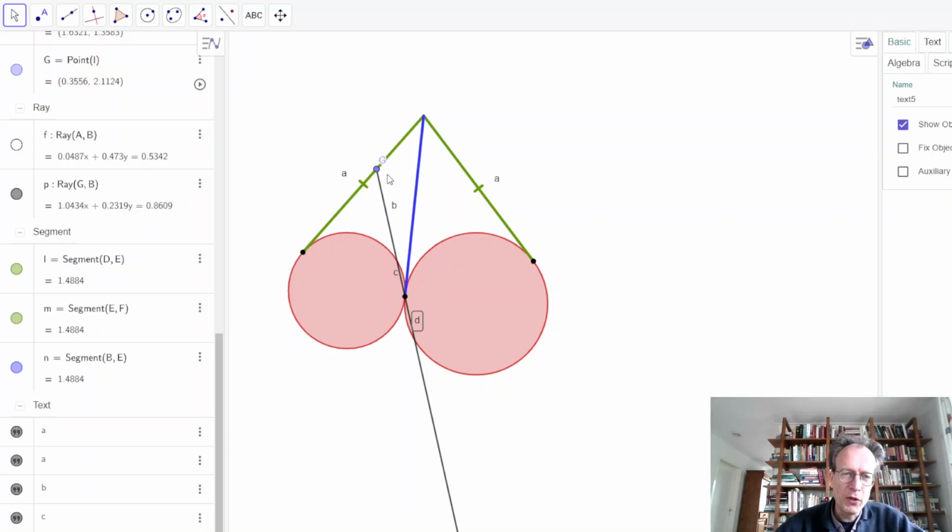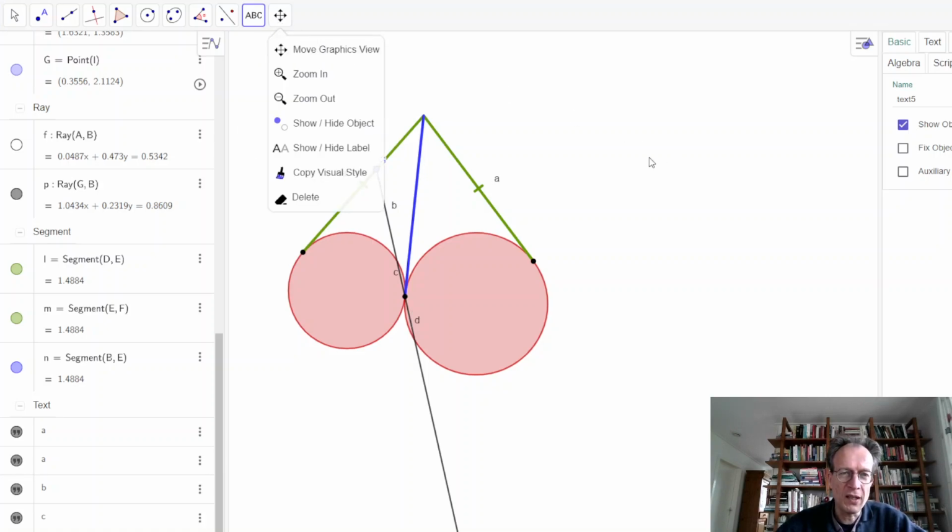First of all, I'm going to take the power of a point of this point G, which is the intersection, with respect to the smaller circle. You can do that in two ways. You can use the tangents, and then you know that the power of a point is the square of that tangent.